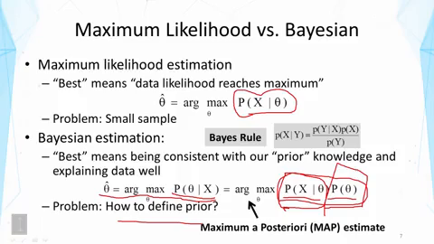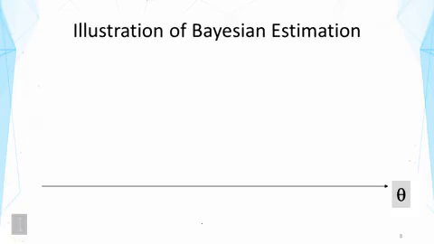So now let's look at Bayesian estimation in more detail. I show the theta values as just a one-dimensional value, and that's a simplification, of course. We're interested in which value of theta is optimal.